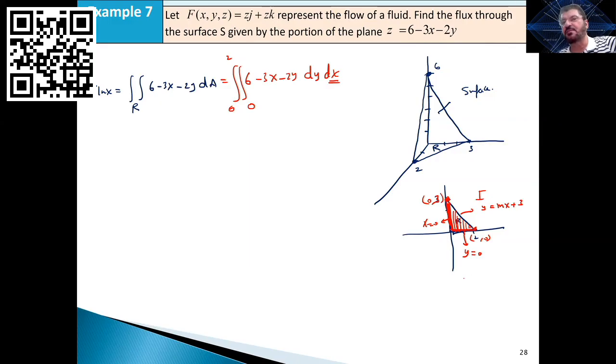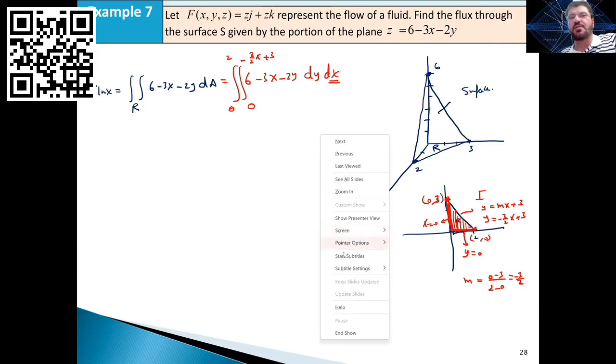What's the slope of that? 0 minus 3 over 2 minus 0, which is minus 3/2. So what's this y equal to? Minus 3/2 x plus 3. So the upper limit is minus 3/2 x plus the 3. This is how you set up the equation.